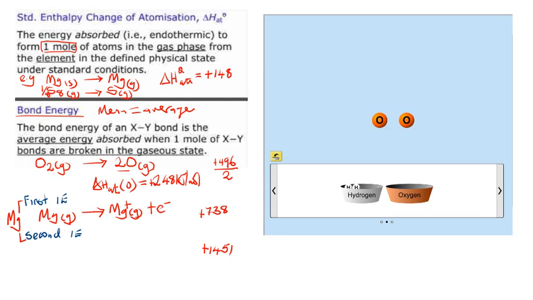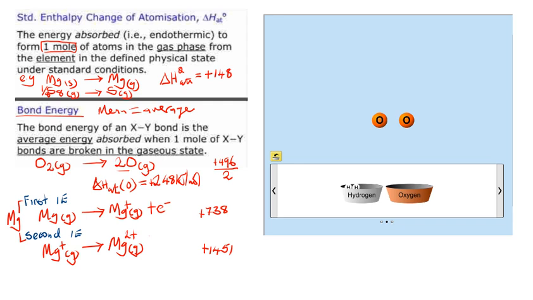In this case, we are supposed to absorb or supply 738 kilojoules per mole. Then the second ionization energy is the energy required to remove one mole of electrons from one mole of gaseous unipositive ions. So we are starting with Mg plus, and we are going to form Mg2 plus in gaseous state.